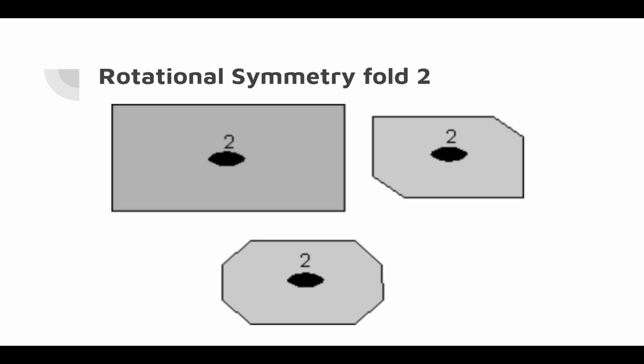And next we have two-fold rotation symmetry, which is if an axis appears identical after a rotation of 180 degrees, that is twice in a 360 degrees rotation, then it is said to have a two-fold rotation axis.